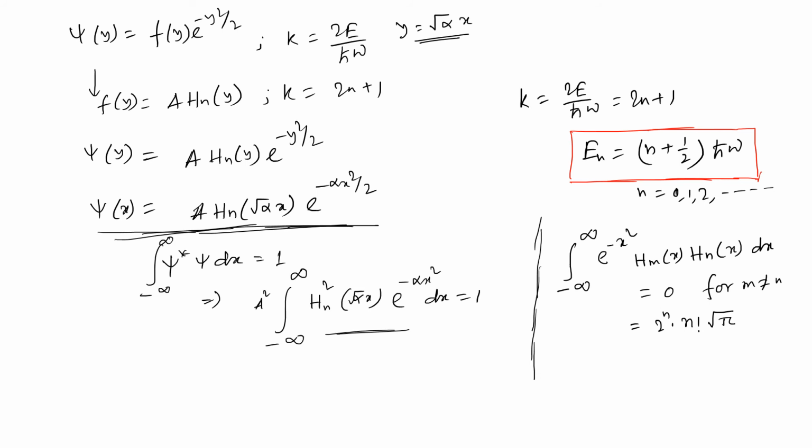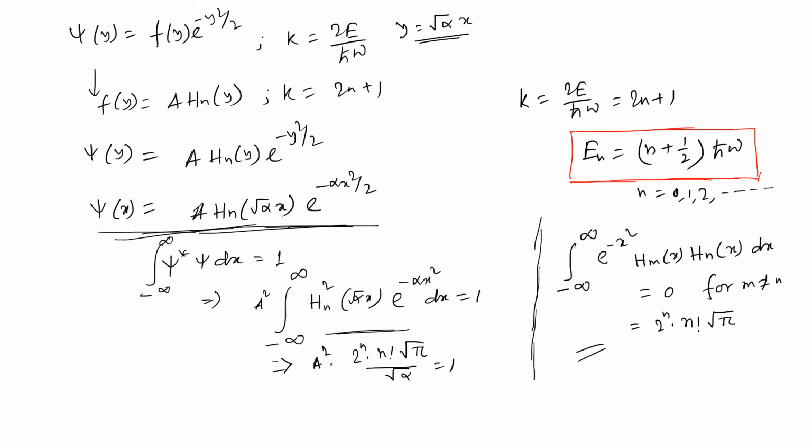So from this equation we can easily find the value of a, and this finally gives us a squared times 2 to the power n factorial square root of pi by root alpha equals 1, because alpha exists here in alpha x squared, and again we have to assume that square root of alpha x equals y, and putting the value we can easily find this.